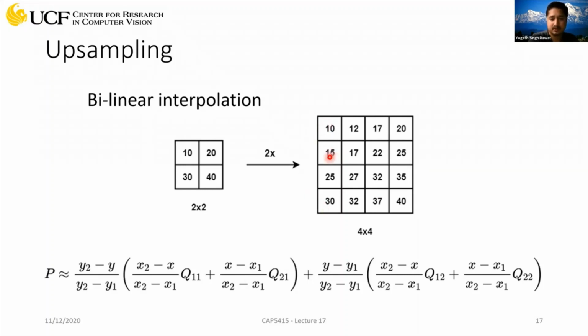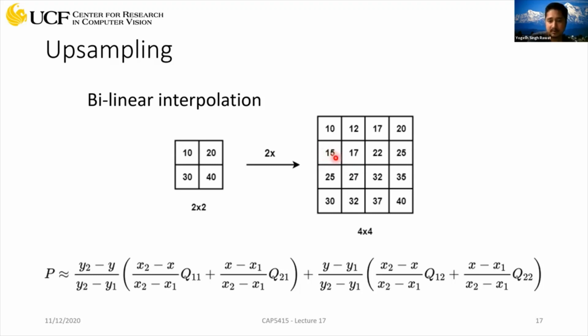So I will take a weighted average of these two values, and based on how far away this pixel location is from these two locations, I will use those as a weight. So let's try to figure out how we can do that.